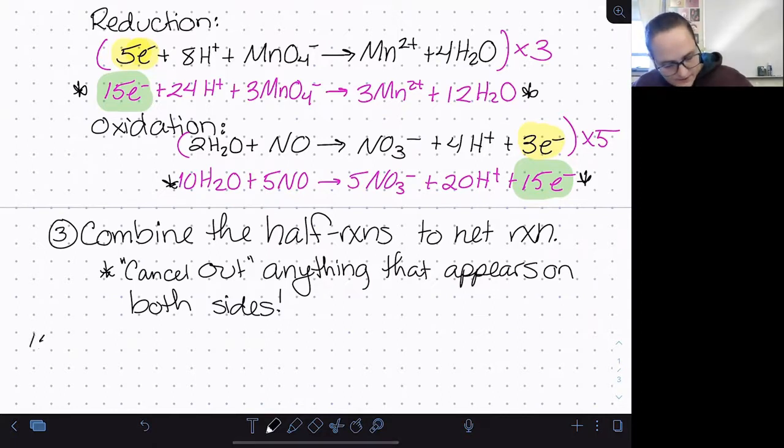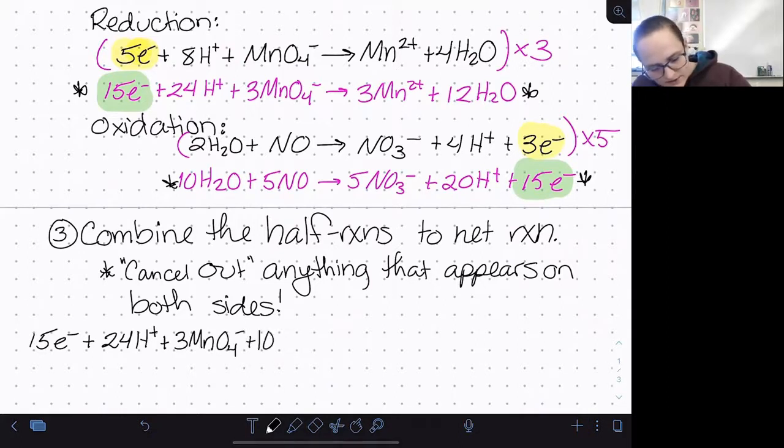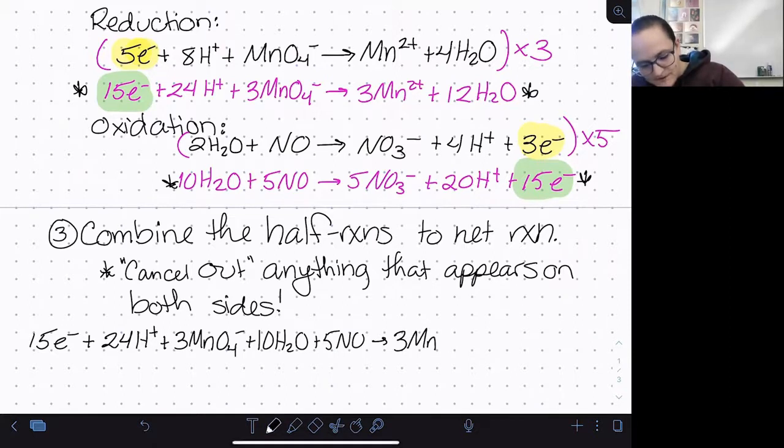So we will have 15 electrons plus 24 hydrogen ions plus 3 permanganate plus 10 water plus 5 nitrogen monoxide. And then everything on the right side of both of these on the right side of our reaction. So we'll have 3 is not going to fit.